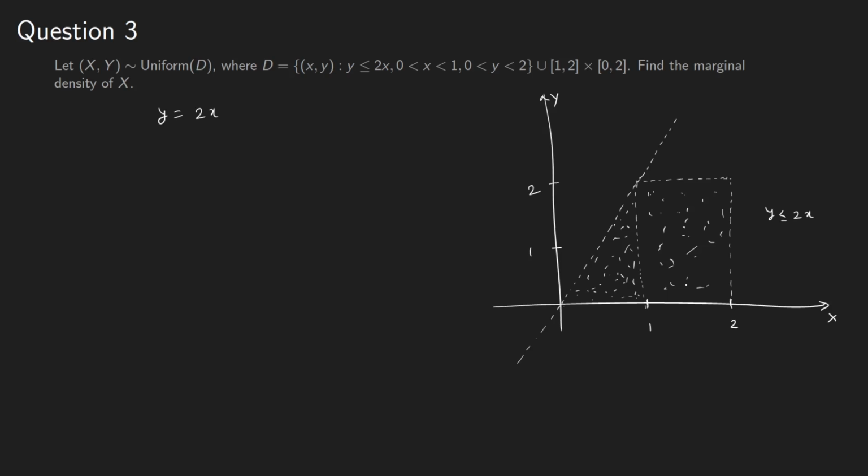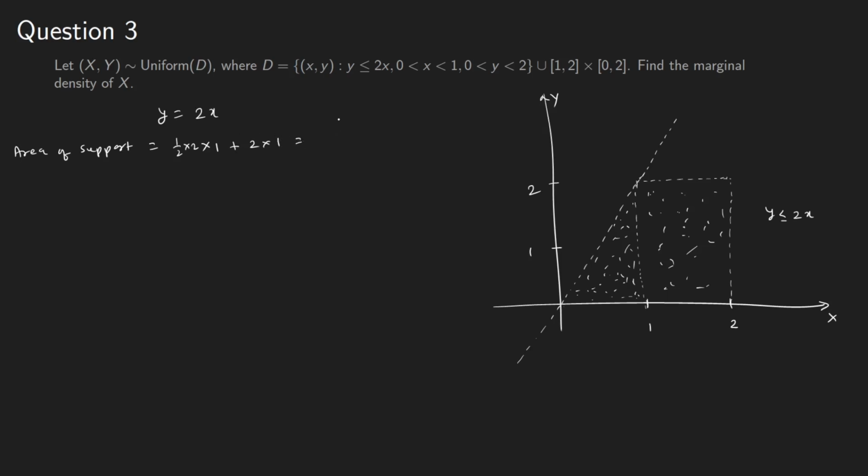So first of all, for that we will have to find the joint PDF of x and y. But it's given that in this region the probability density is uniform. So we can just calculate the area and then find the PDF. So here the area of the support is equal to half times 2 times 1 plus 2 times 1.